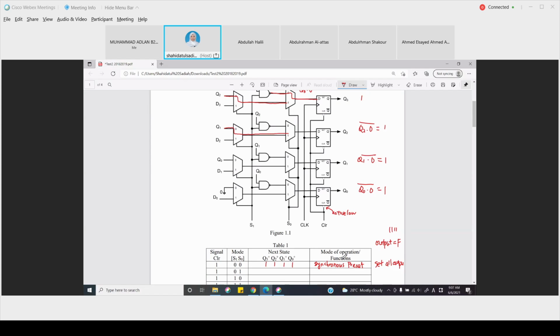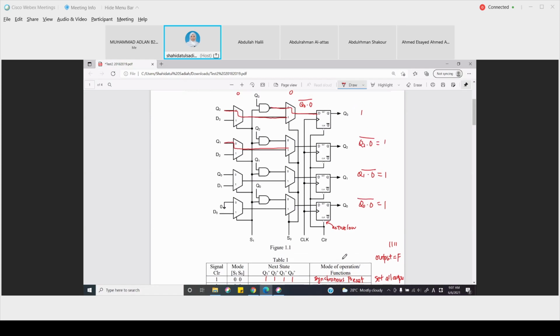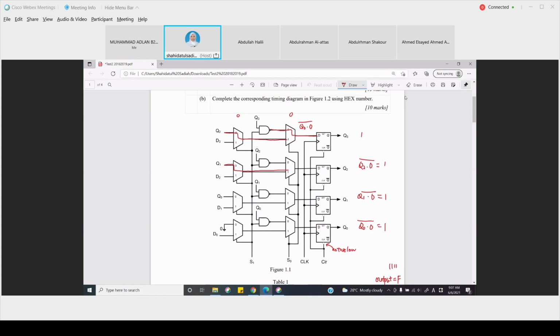All right, then let's look at mode 0, 1. I'm going to erase all this first.